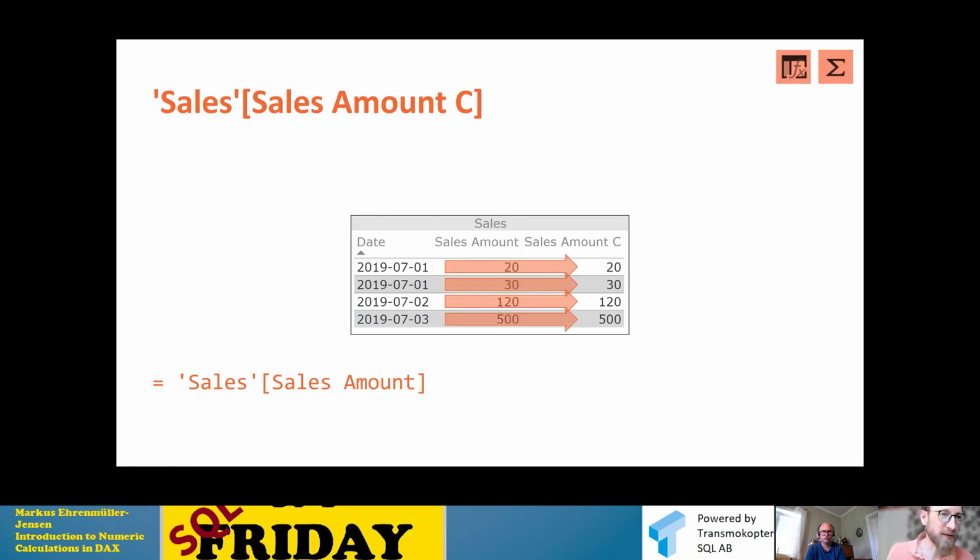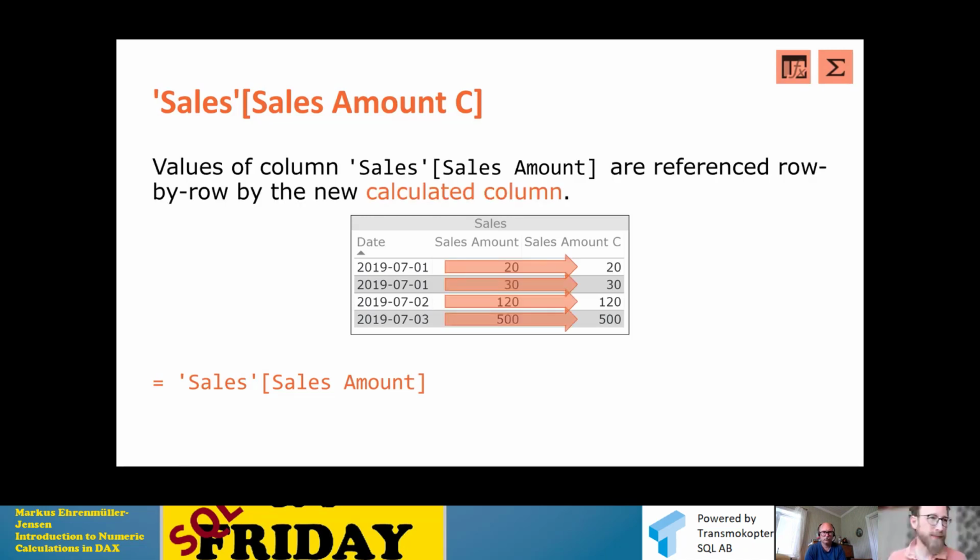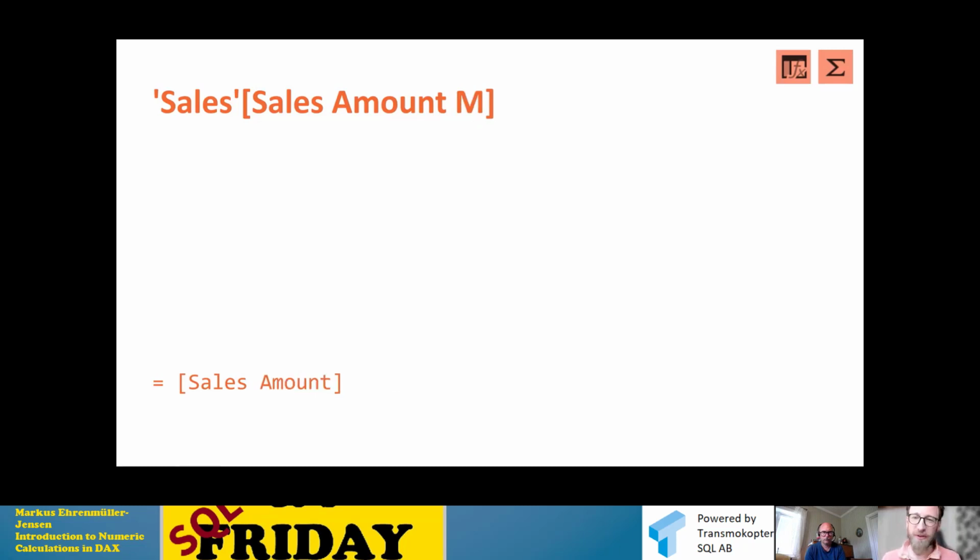But the more exciting stuff is the second one. So of course we have this row reference. If you put the measure, it's what I just introduced to you. And here we have the measure. So the measure is defined with the same calculation we previously have seen with the calculated column. So we're iterating over the sales table. The same thing we just had directly in the formula of the calculated column, and now I'm referring to a measure, only the measure name here.